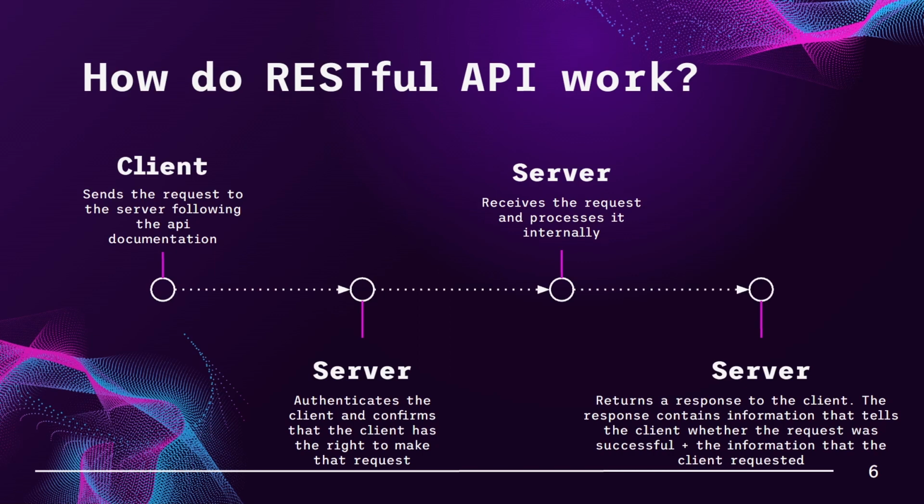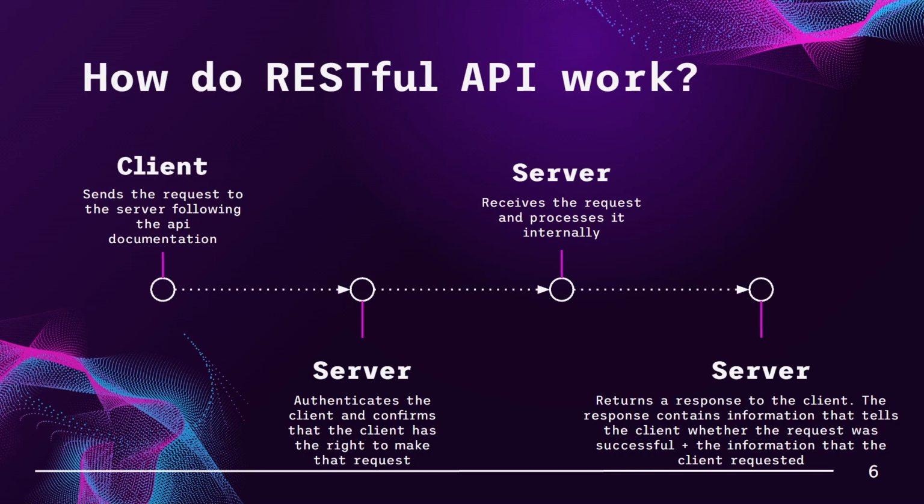So we have the client first, which is sending the request to the server. The client follows the API documentation to format the request in a way that the server understands. The server authenticates the client and confirms that the client has the right to make that request. Then the server receives the request and processes it internally.